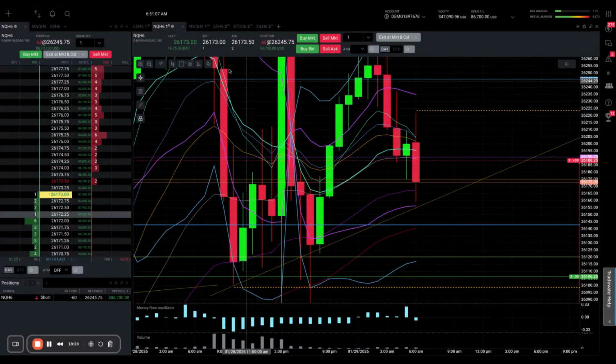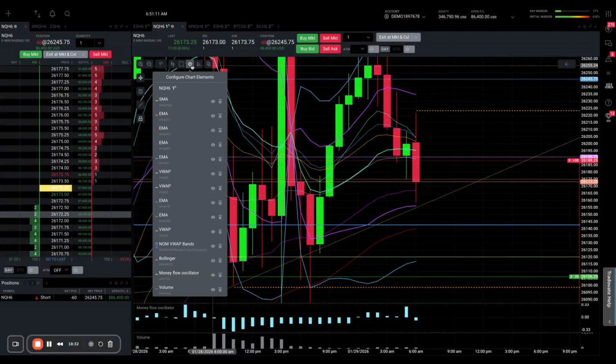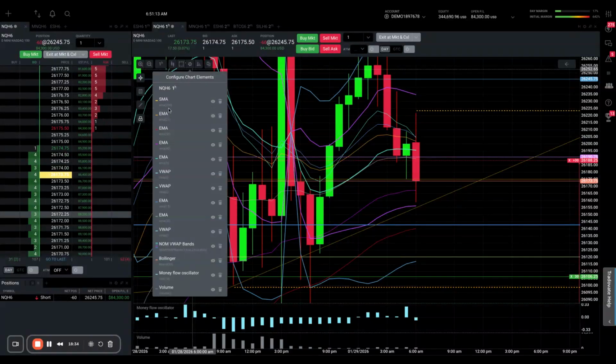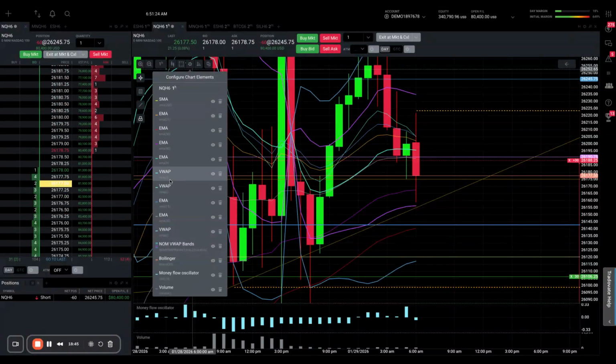I know there's a lot of them, but if I click this button right here, it tells you all of them. So I got my 200 EMA or SMA, same thing pretty much. And then it's your exponential moving average, your 21 day, your 50, your 40, your 9, your VWAP, your 15 EMA, your 30 is gray. I don't know why I got all these VWAPs on there.